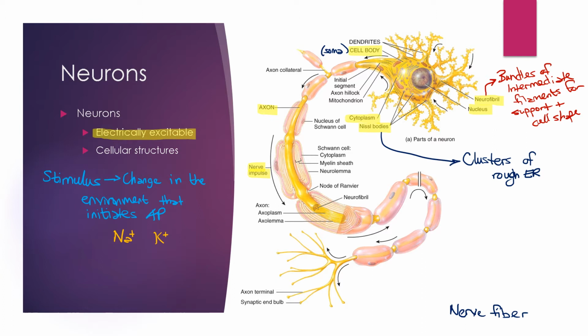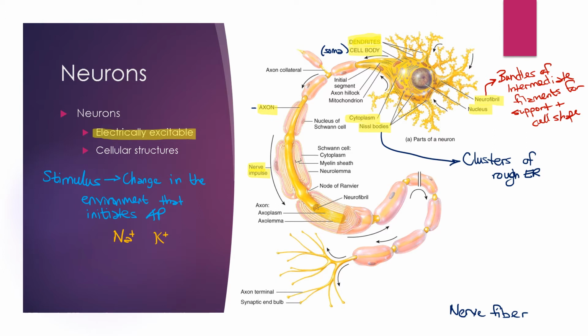So most neurons will have two kinds of processes. They're going to have multiple dendrites, which are labeled up here, attached to the cell body, and a single axon. So often they'll have lots of dendrites, but only one axon.